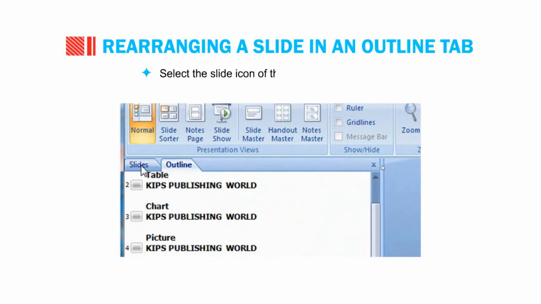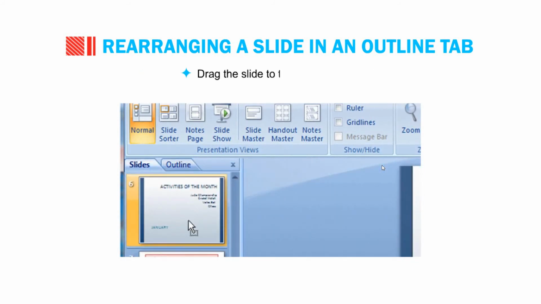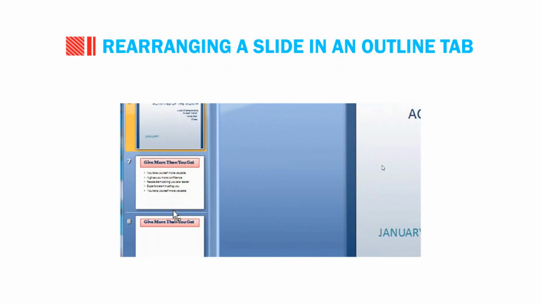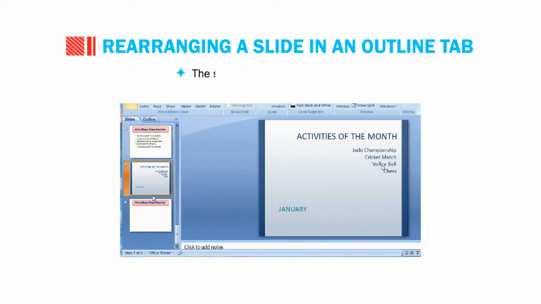Select the slide icon of the slide you want to move. Drag the slide to the new location. A horizontal line appears as you drag the slide. When the horizontal line is on the desired location, release the mouse. The slide moves to the new location.